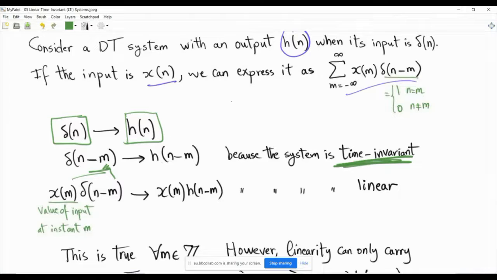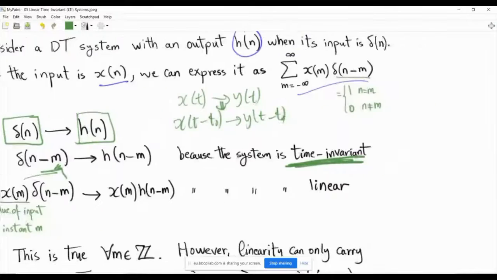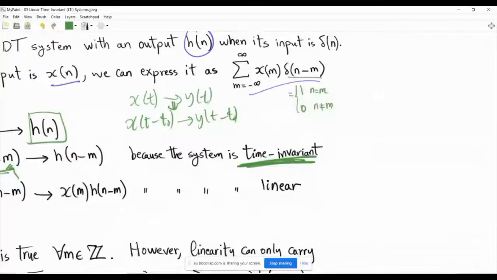For continuous time systems, x of t gives y of t, so x of t minus t0 gives you y of t minus t0. The same is true for discrete time systems. You give x of n to get y, and if you shift the input by any n0, then if the system is time invariant, the output is a mere shift.